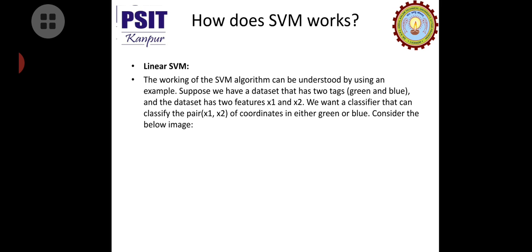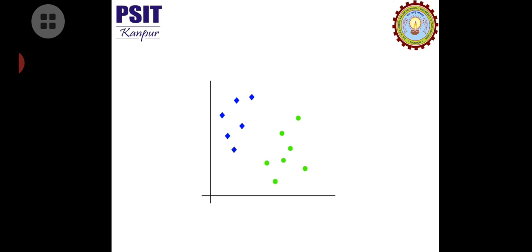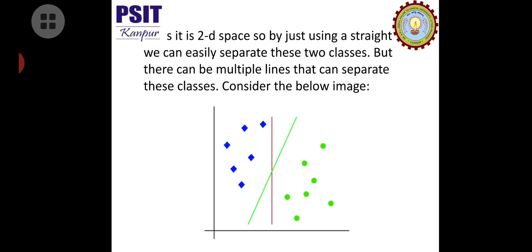Now consider the below image. We have two data sets. In 2D space, by just using a straight line, we can easily separate these two classes, but there can be multiple lines that can separate these classes.